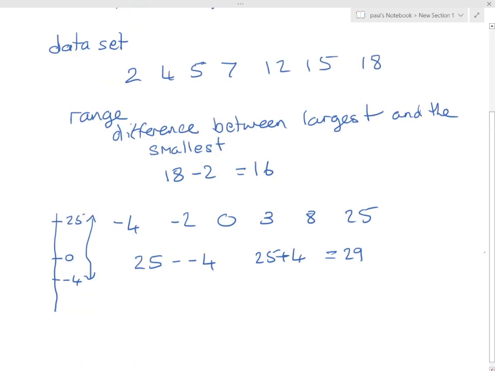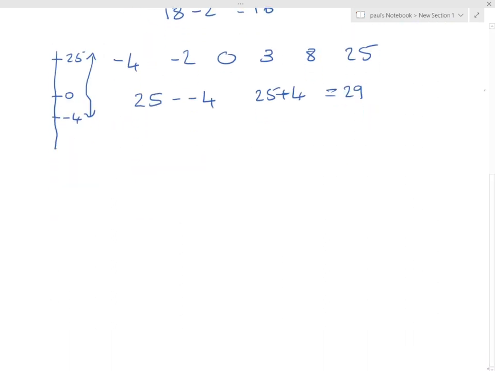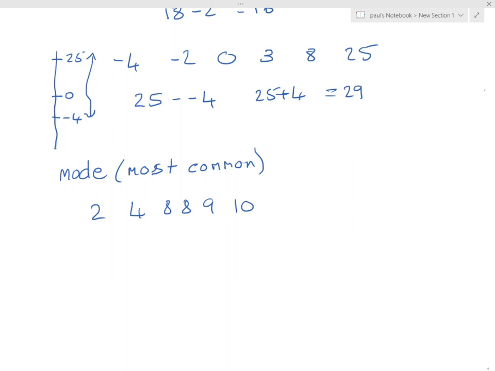The next one we look at, depending on whether you've done this before or not, is the mode. The mode is the most common: the number that appears the most times. So if we have a data set of 2, 4, 8, 8, 9, 10, 11 and 14, then the number 8 appears the most times, therefore the mode is equal to 8.